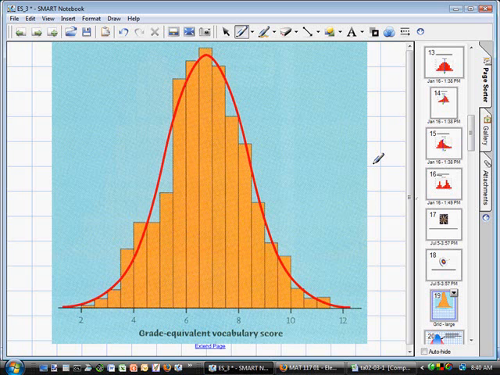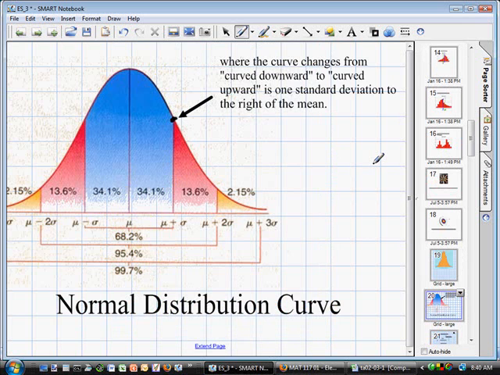And that's kind of the idea. So this is the idealized form, and you'll see me showing the smooth curve quite a bit. Nothing wrong with a histogram. It's just that when you have an infinite number of bars, then it looks really smooth.